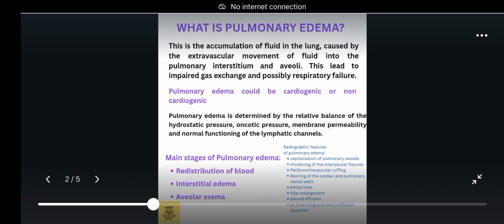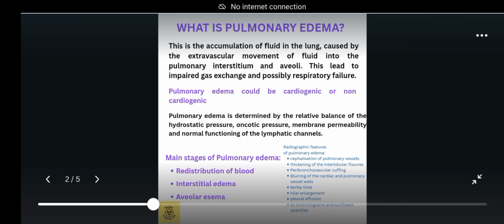Now, membrane permeability is defined as the ease with which fluid passes through the capillary or alveolar walls. Now, the lymphatic channels are used to remove fluid in the intercellular spaces, thereby allowing for return of the extravascular fluid back into the central vasculature.